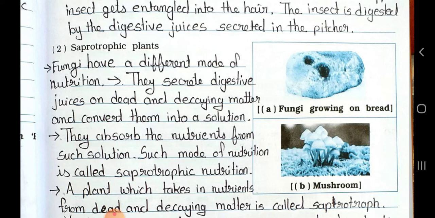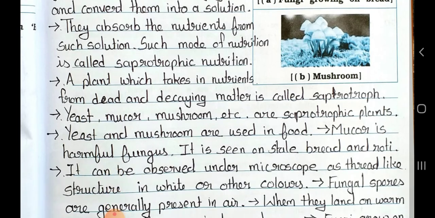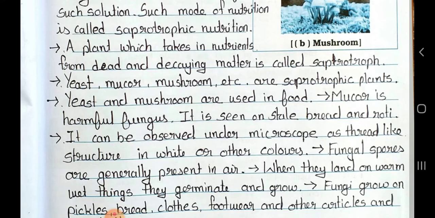They absorb the nutrients from such solution. Such mode of nutrition is called saprotropic nutrition. Next point: a plant which takes in nutrients from dead and decaying matter is called a saprotroph. Next point: yeast, mucor, mushroom, etc.